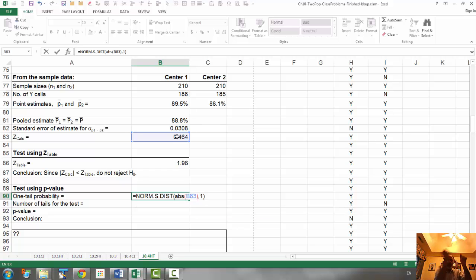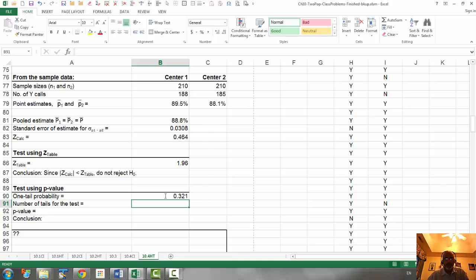So the absolute value of z puts it on the right side, and you need to really do 1 minus that. So that will give you the tail value. So that's one tail, and there are two tails here. So 2 times that will give you the actual p-value, which is here 64%.